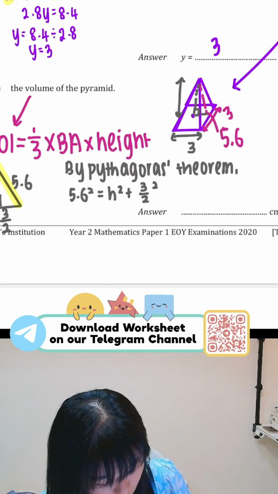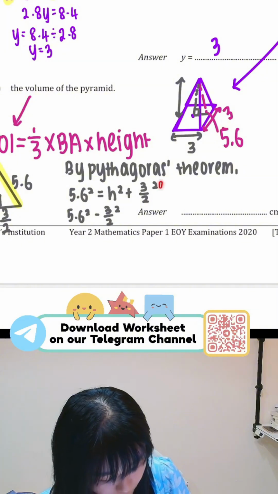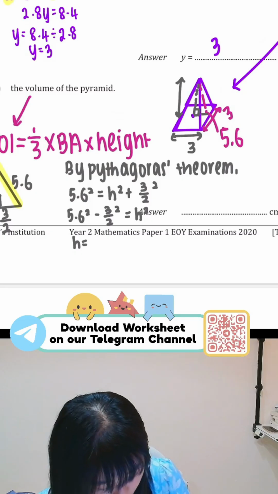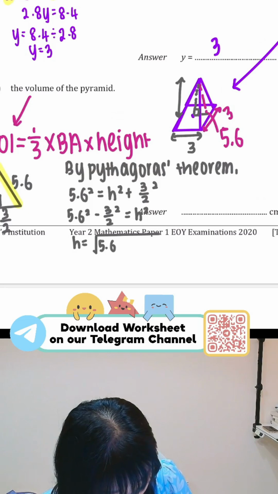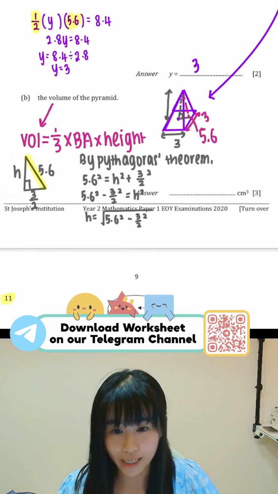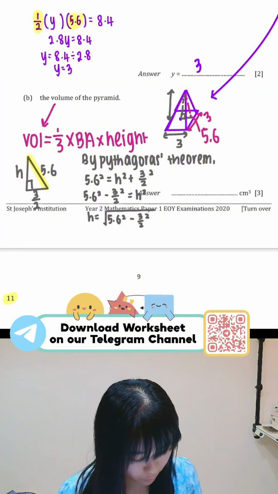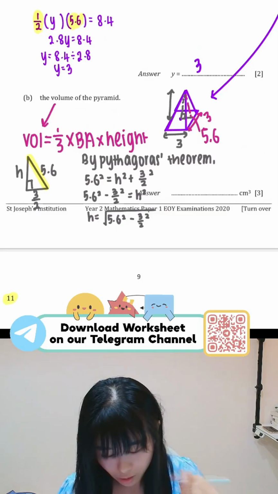So what I will do, 5.6 squared minus (3/2) squared, because I bring this over, then equals to my h squared. Then to get my h, I will just square root. Don't need to take the negative. Usually square root we have the plus minus, but this one we don't need because for height, it cannot have negative. So I can key into the calculator: 5.6 squared minus 3/2 squared, then I square root it.